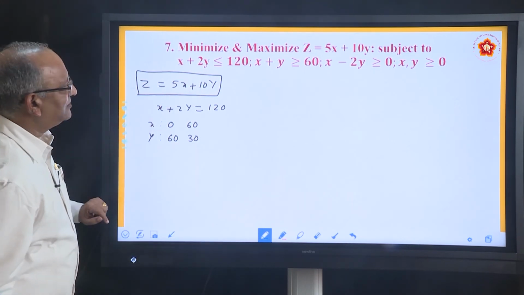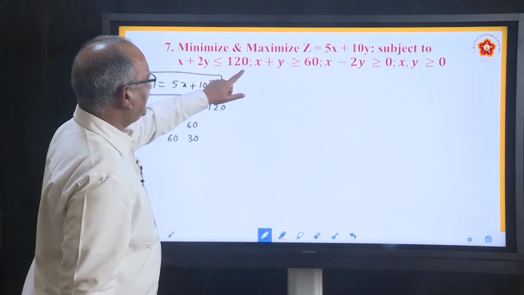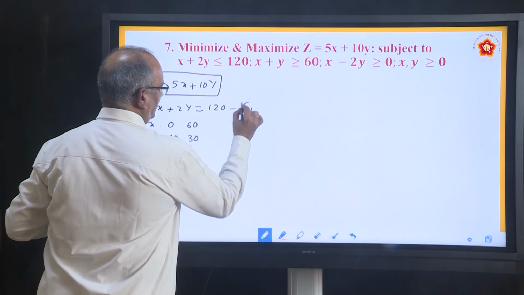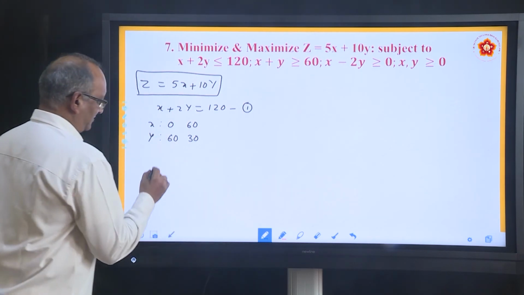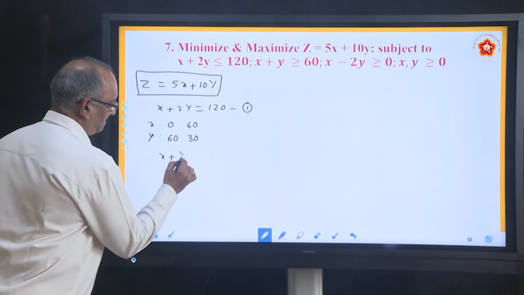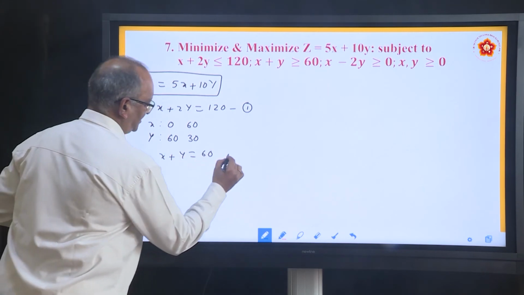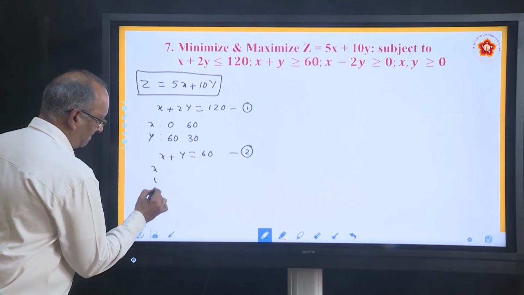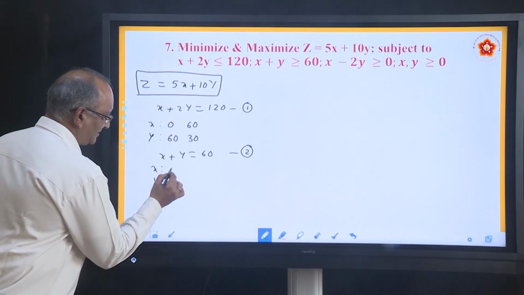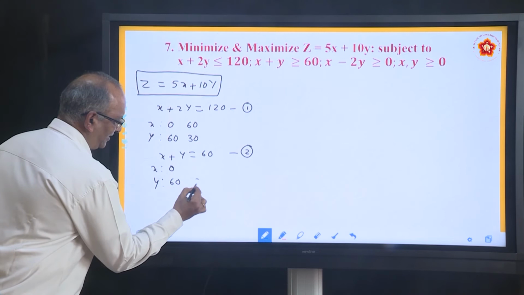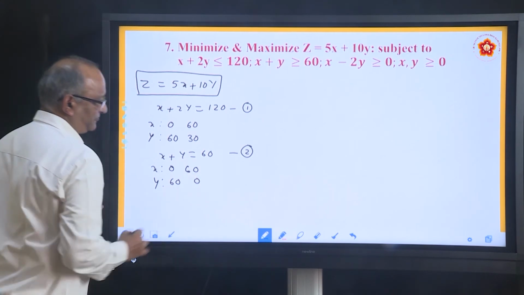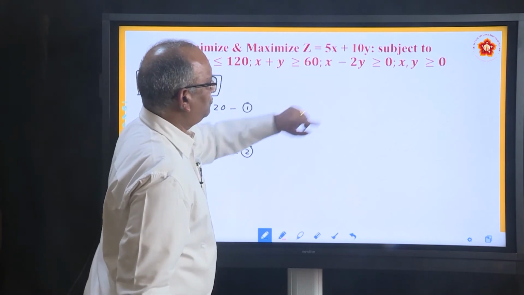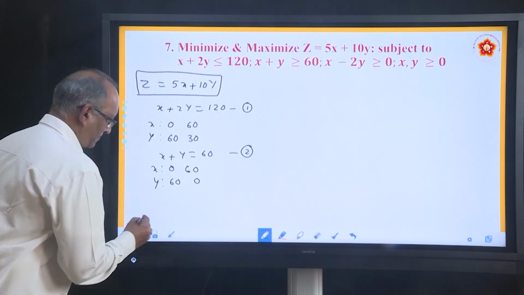What is the second one? Second one is x plus y greater than or equal to 60. Remember, this is the second one. Again take the points in the same manner. X is 0, y is 60, y is 0, x is 60. Enough. Now take the third one. What is the third one?